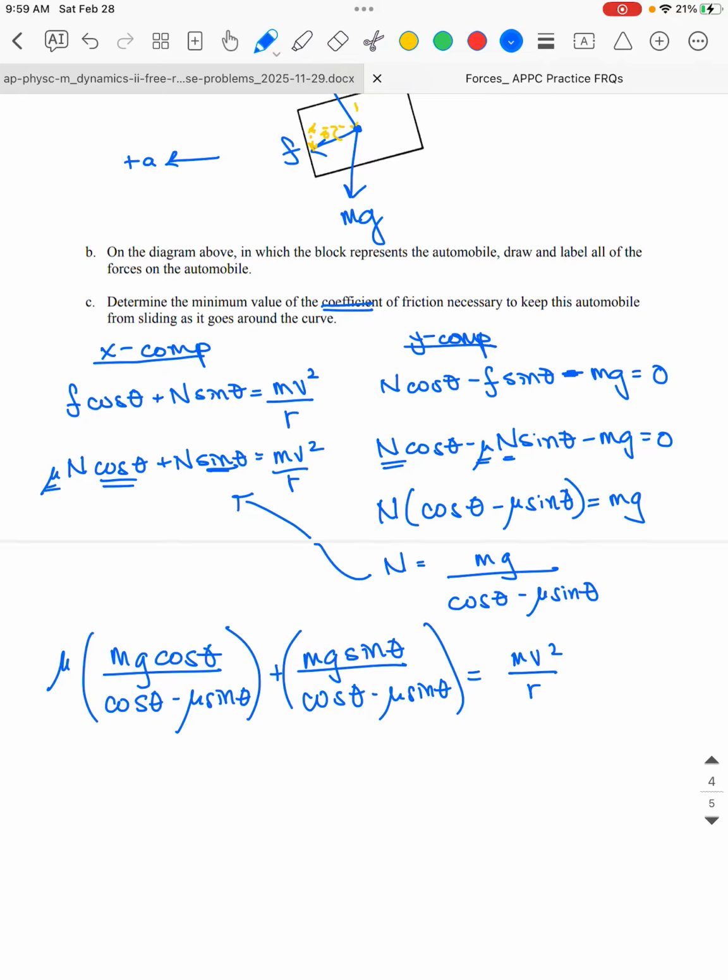What's nice about this is that we've got common denominators. This and this can be factored out and multiplied to both sides. So I now get something that is not so messy with a bunch of fractions in it.